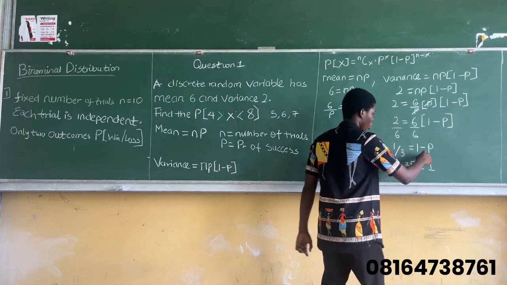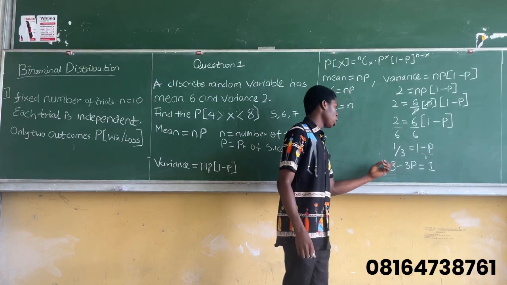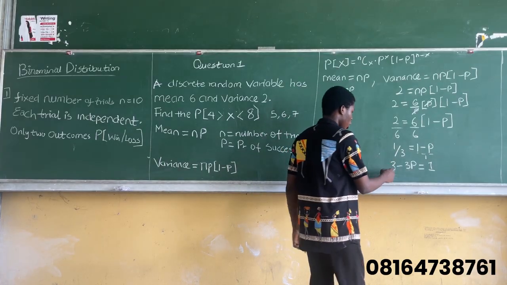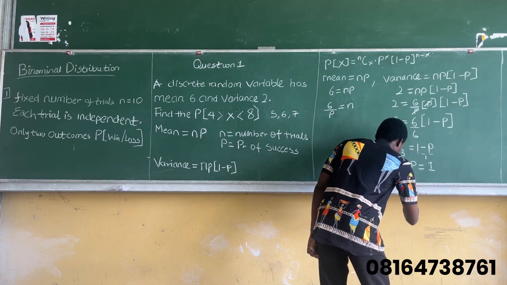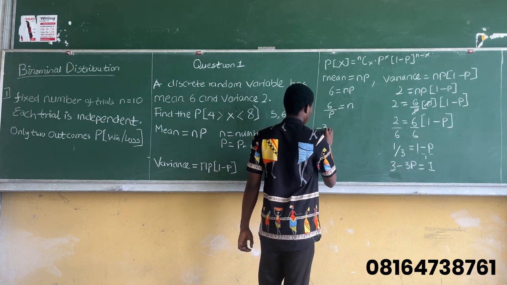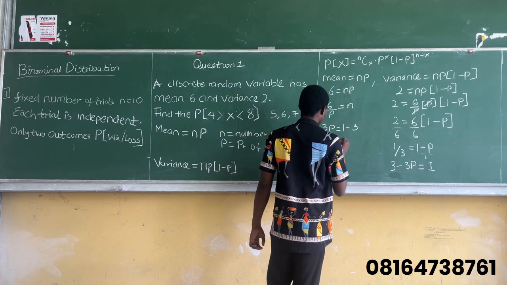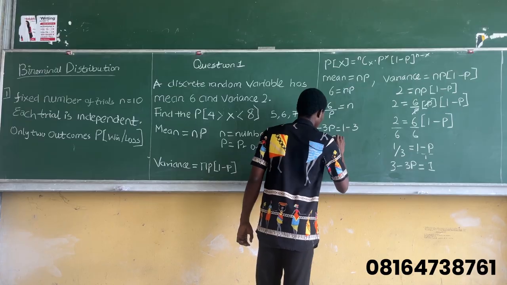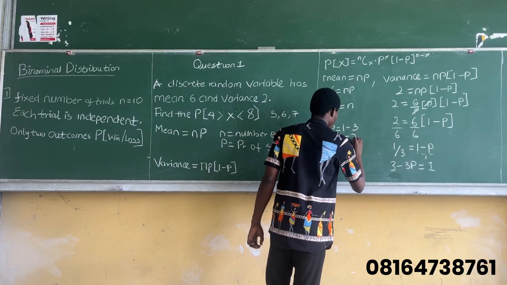This 1 multiplies by the invisible 1 over here. Let's write it out here. This minus 3p is equal to 1 minus 3, so minus 3p is equal to minus 2.